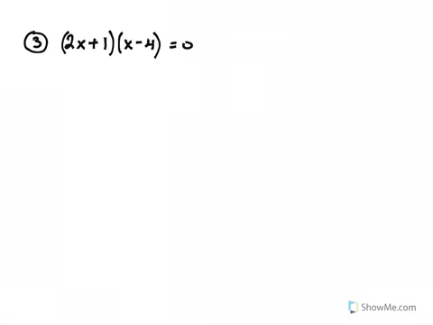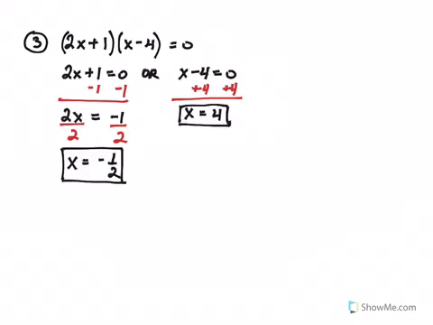Using the zero product principle, I know that either the first factor or the second factor must be equal to 0. Solve each of these equations. After applying addition and multiplication principles of equality, where appropriate, I get x equals negative 1/2 or x equals positive 4.